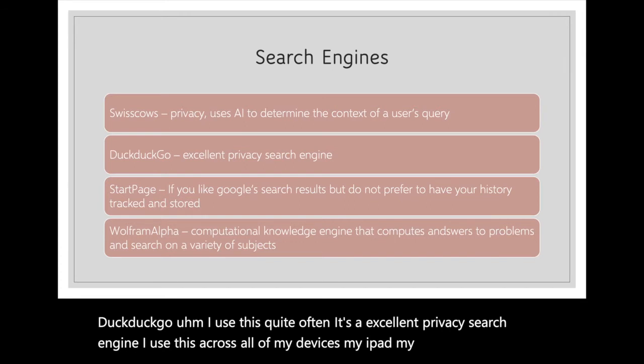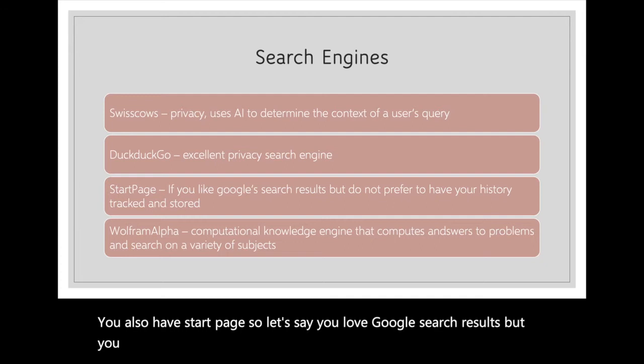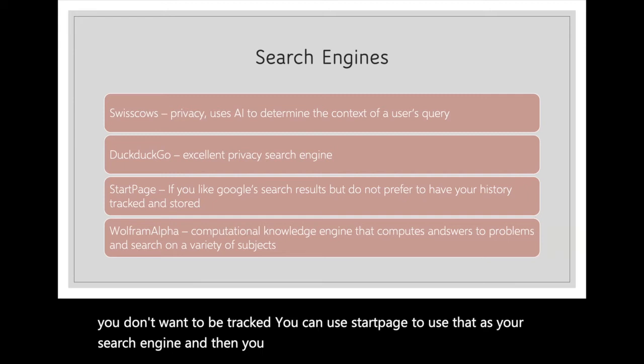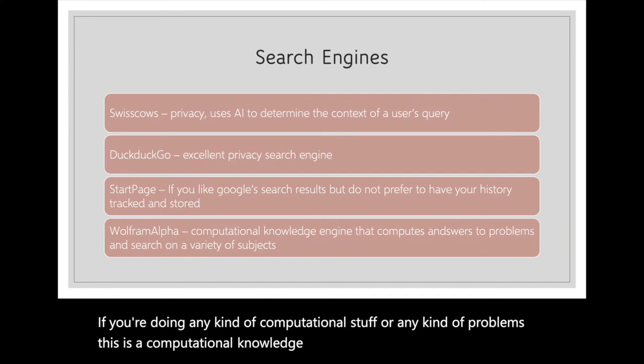You also have Startpage. Let's say you love Google search results, but you don't want to be tracked. You can use Startpage as your search engine. And then you have Wolfram Alpha. If you're doing any kind of computational stuff or any kind of problems, this is a computational knowledge engine that computes answers to problems.